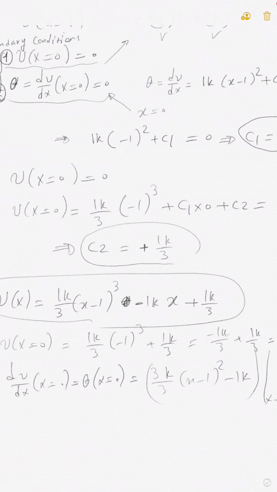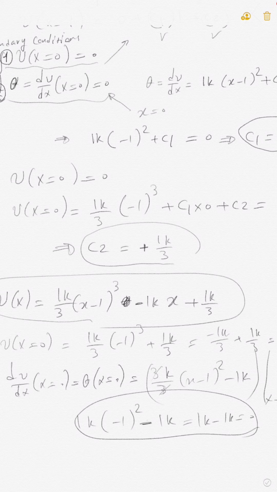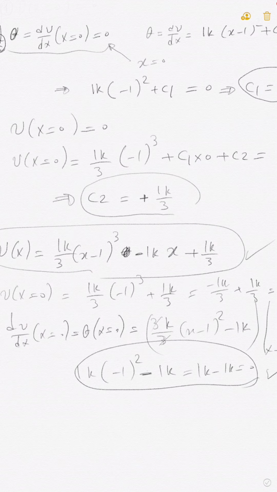Then you get 1k, so this 3 cancels out with this 3, so you get 1k times negative 1 squared plus negative 1k. 1k minus 1k is 0. It satisfies your second boundary condition, right? So it satisfies both boundary conditions. So this equation is right. This is my final answer.